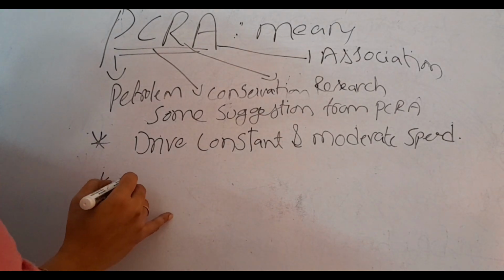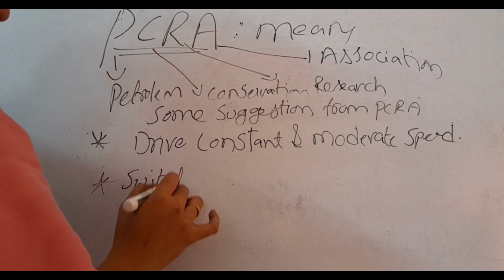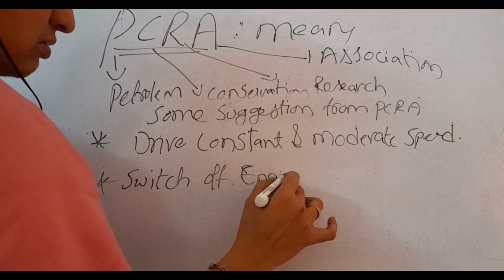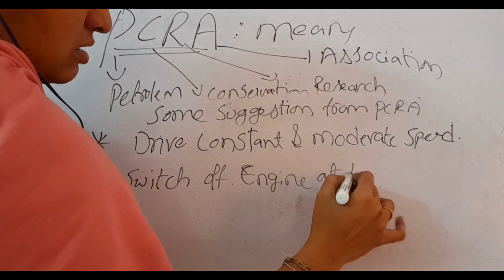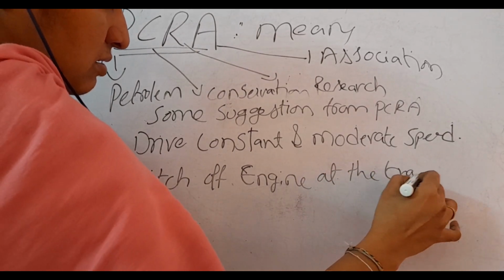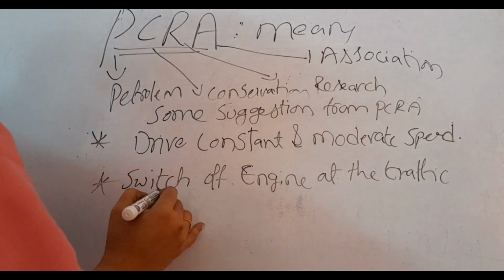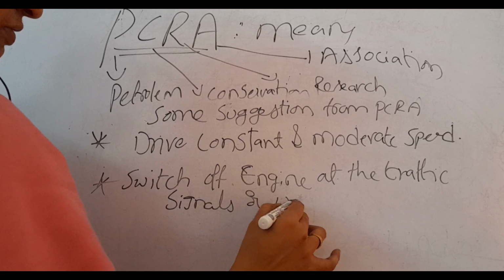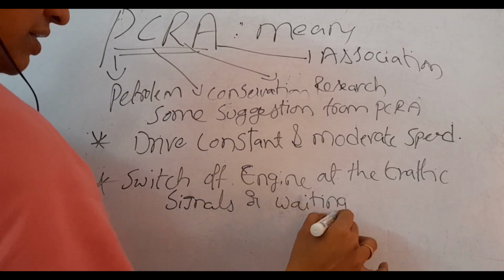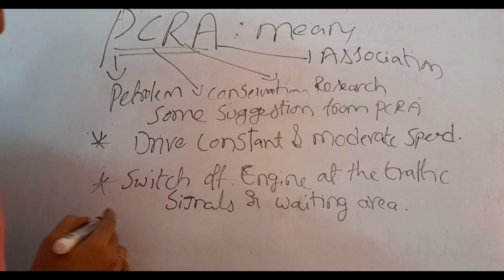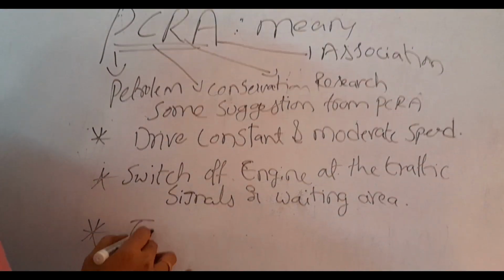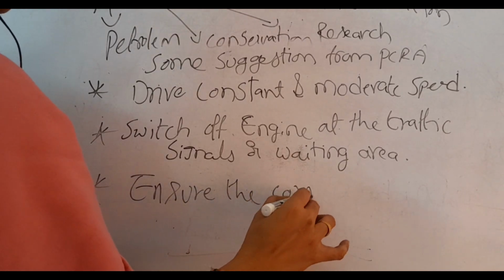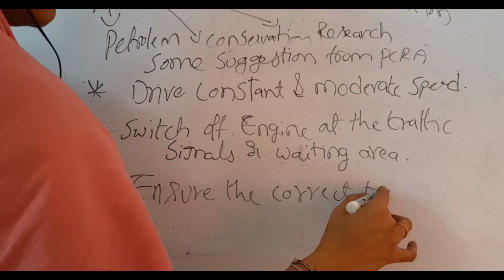The second one is to switch off the engine at traffic signals or waiting areas. Third, ensure the correct tire pressure.